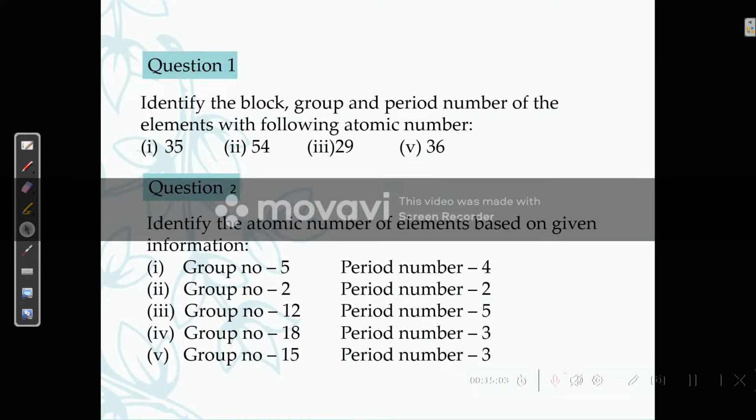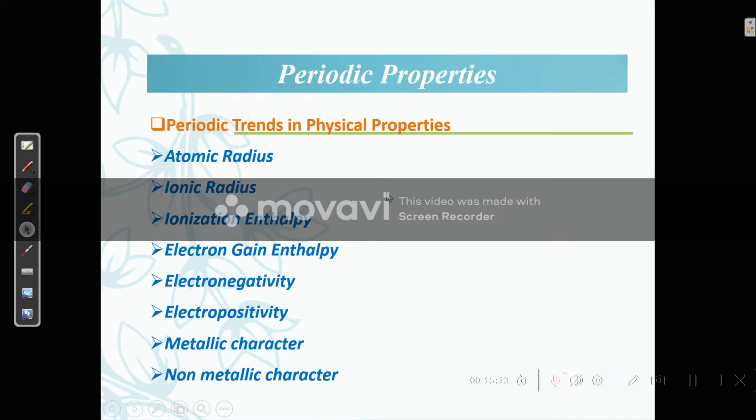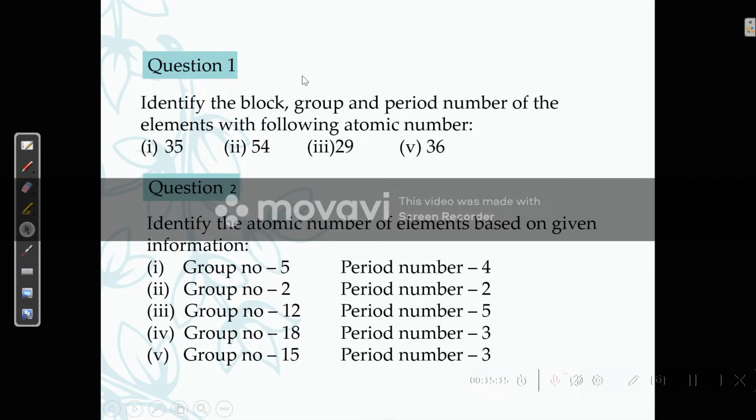Okay, I'm just giving one example: atomic number 35. Suppose in the exam it is given, I can write it on this board.